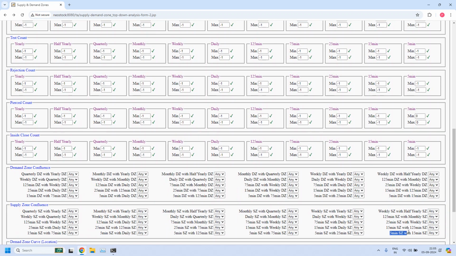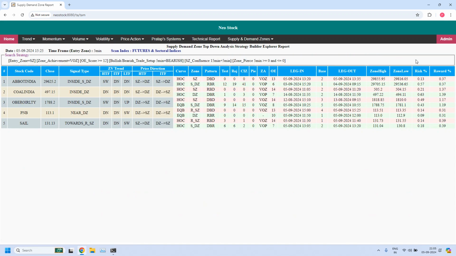So here we have 5-minute supply zone and 15-minute supply zone confluence. I am enabling the filter, that is LTF and ITF confluence. So 5 stocks, all these 5 stocks are having confluence.